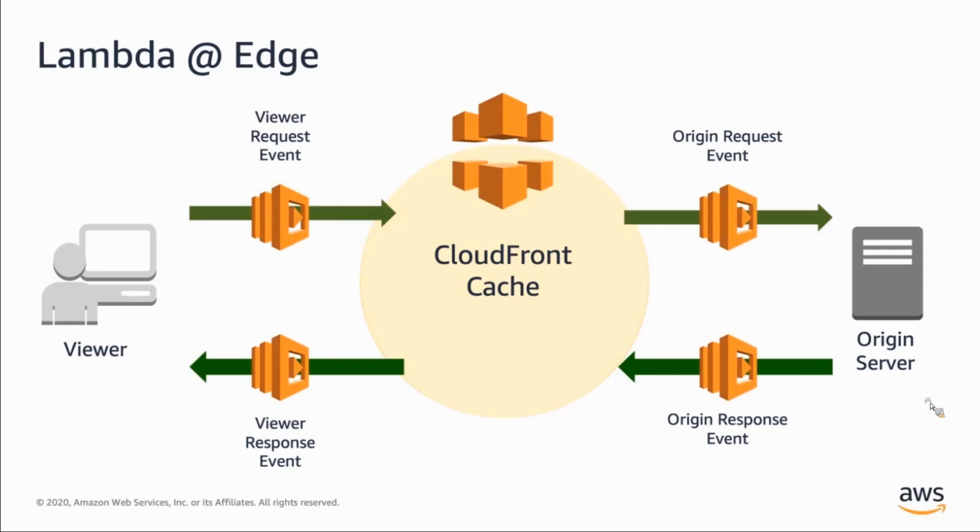Once we get a response back from the origin, you can inspect that response and do things like some basic content transformation operations, again, response header normalization, maybe some different authentication response options.